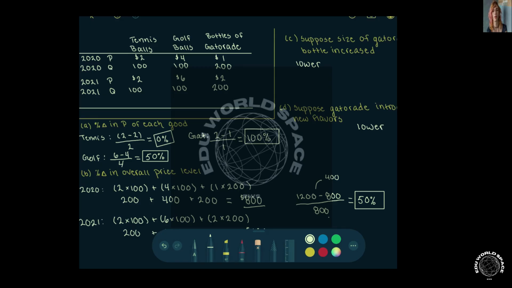The consumer now has more possibility of gaining greater utility from the Gatorade that it consumes, and so we would be changing the quality here of this Gatorade, which means that, again, our typical calculation of the CPI doesn't take that into account, but we as economists should do that. So we would adjust it by lowering that inflation rate by whatever increase in utility was gained by the consumer due to this introduction of new flavors.